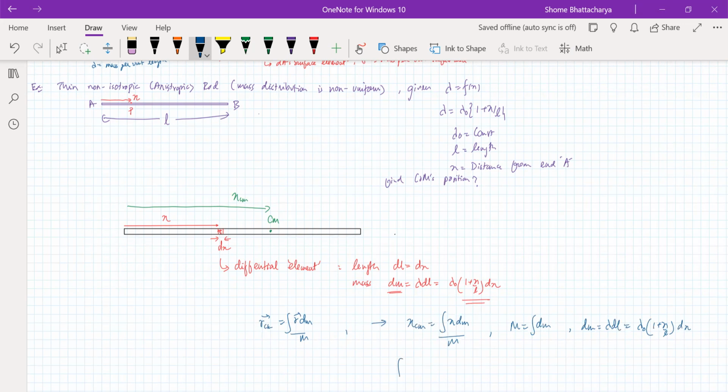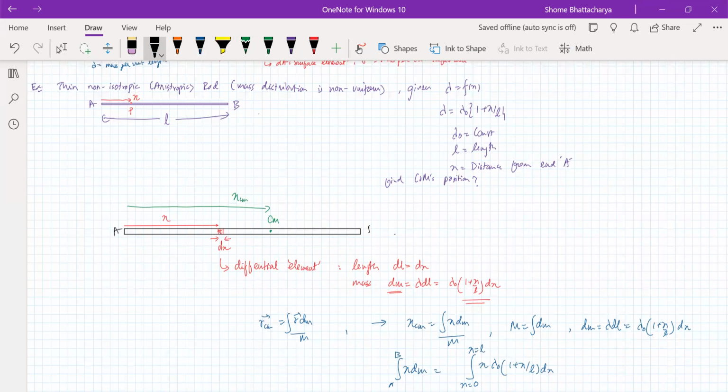So integration x dm will become integration of x into lambda naught (1 plus x by L), starting from the point A on one side to the point B on the other side, A to B.